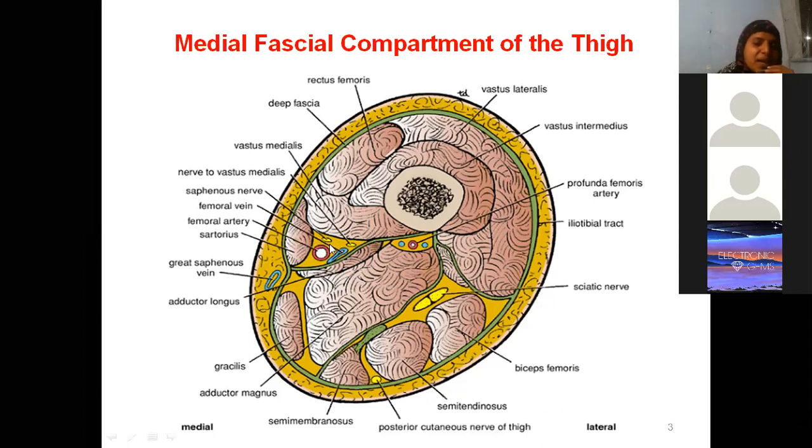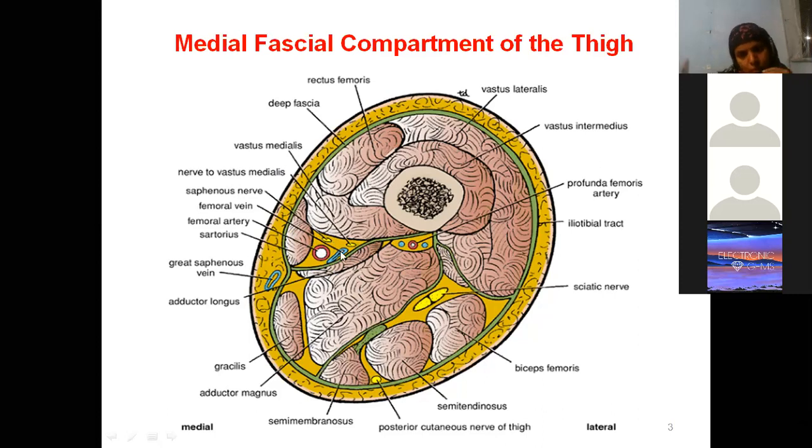Adductor canal because it is seen in the medial compartment of the thigh. And Hunter is the name of the surgeon who performed surgery by lifting the sartorius muscle and exposing these vessels to treat aneurysms. That's why it is also called Hunter's canal. Three names it has.